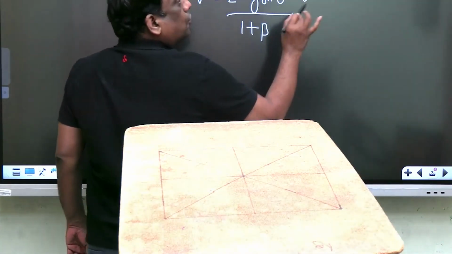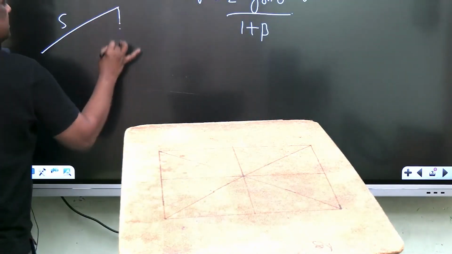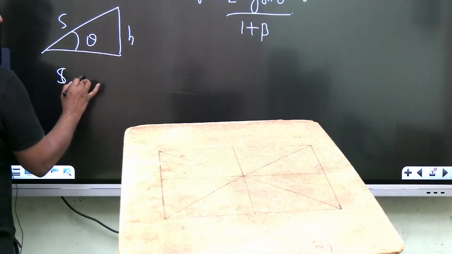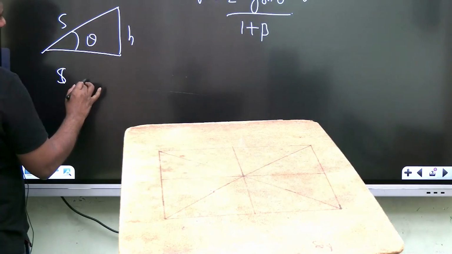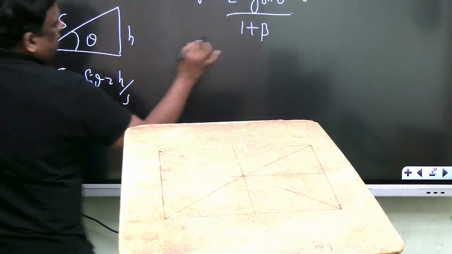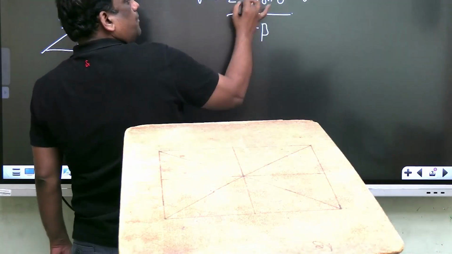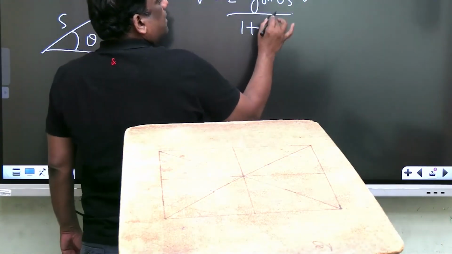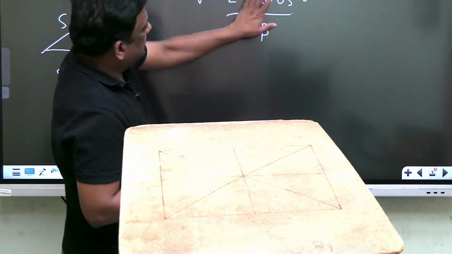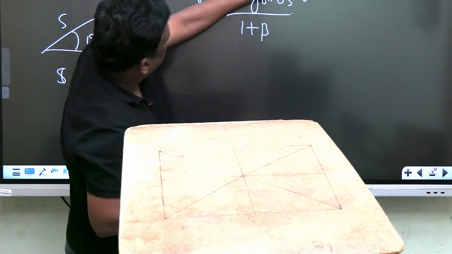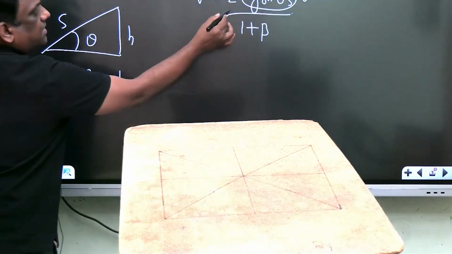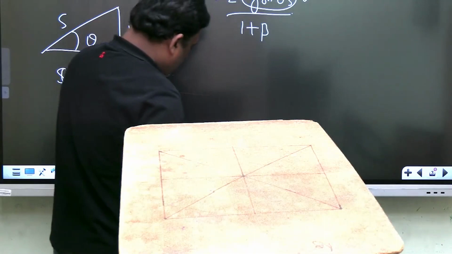Already I have told you that this is s, this is h, and this is theta. Can I write sin theta is equal to h by s? So v square is equal to 2as, and acceleration is g sin theta by 1 plus beta. Now tell me, what is s sin theta?